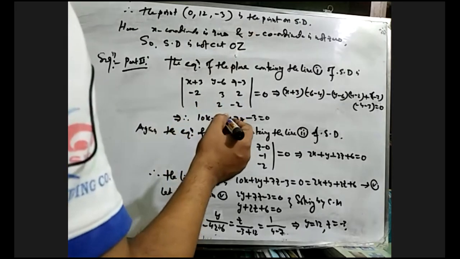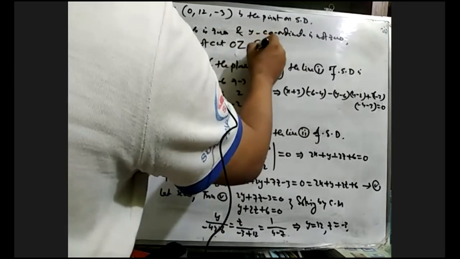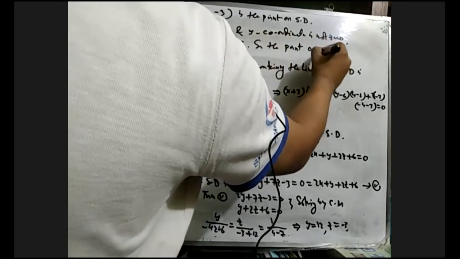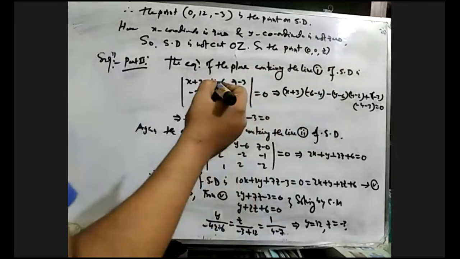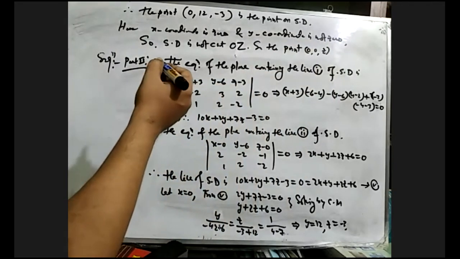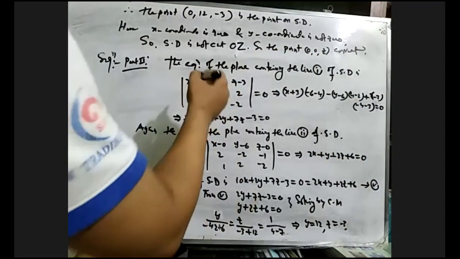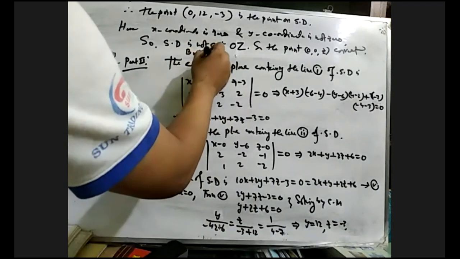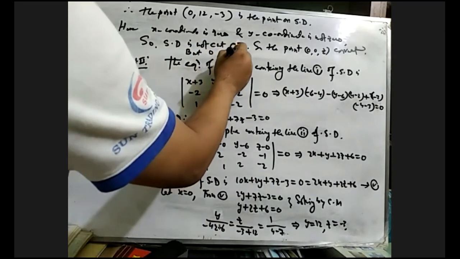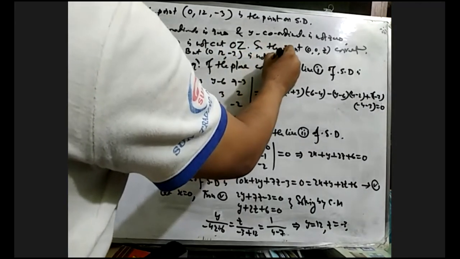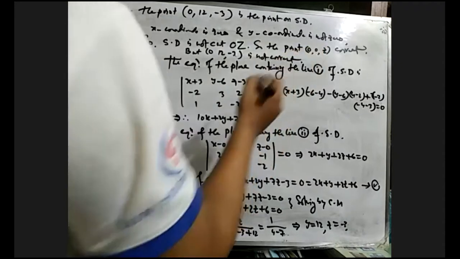So the point 0, 0, z is correct, but 0, 12, minus 3 is not correct.